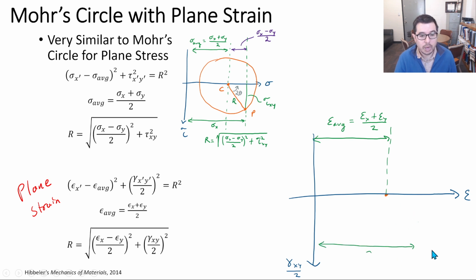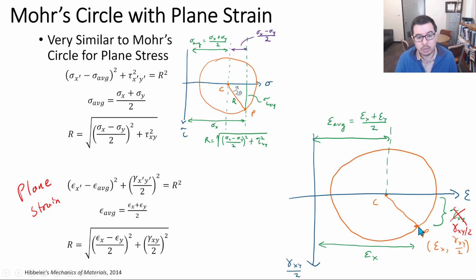We can put out the point corresponding to epsilon x and not tau xy, but gamma xy over 2, okay, like that, and that gives us that point, and then we can go ahead and draw a circle.